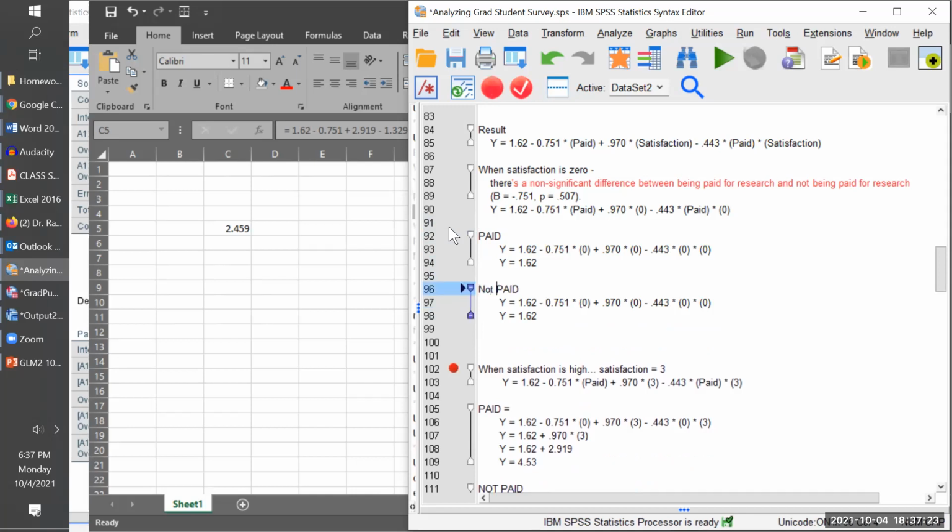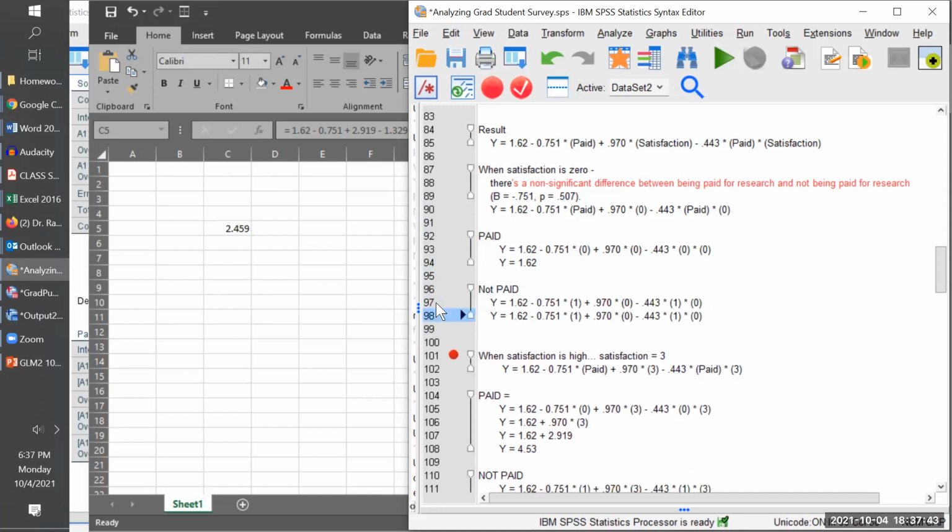And for not paid, now we'll have a 1 here, and we'll have a 1 here.